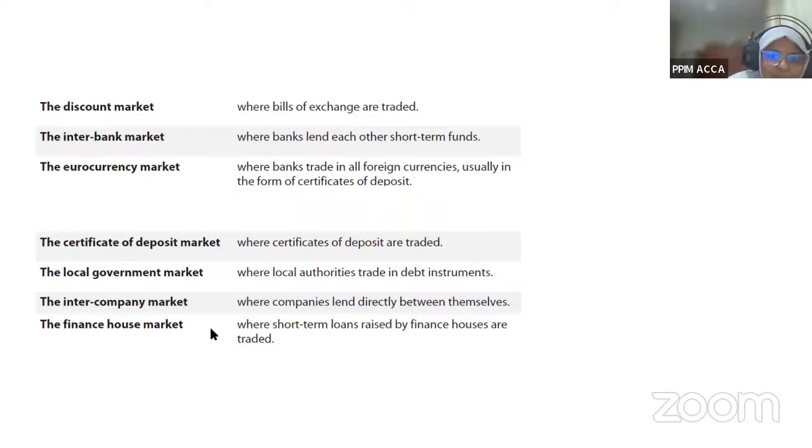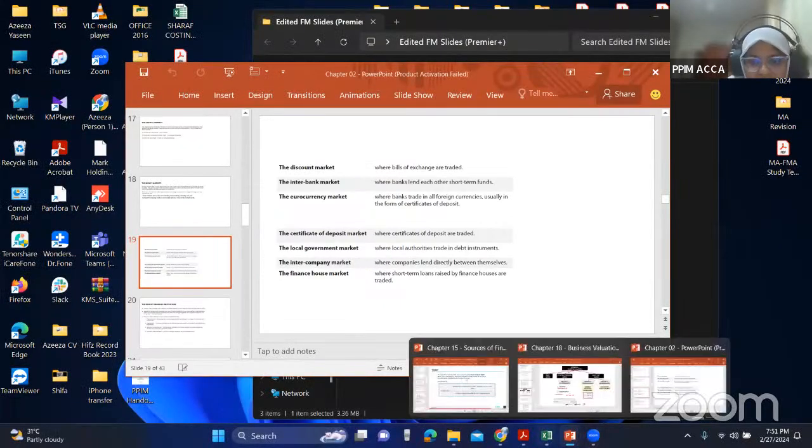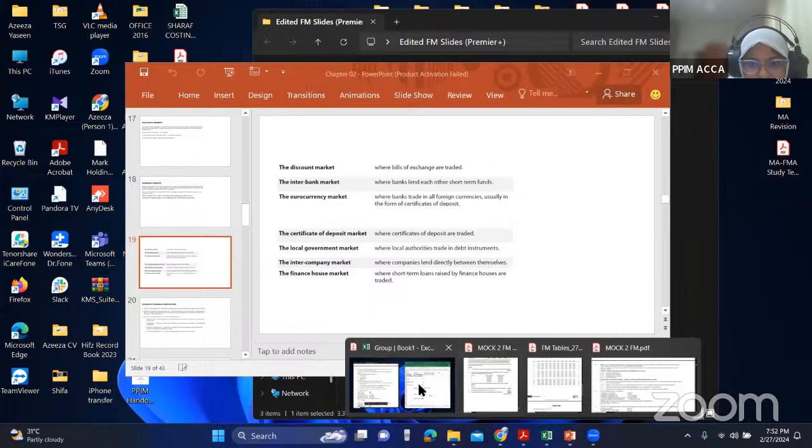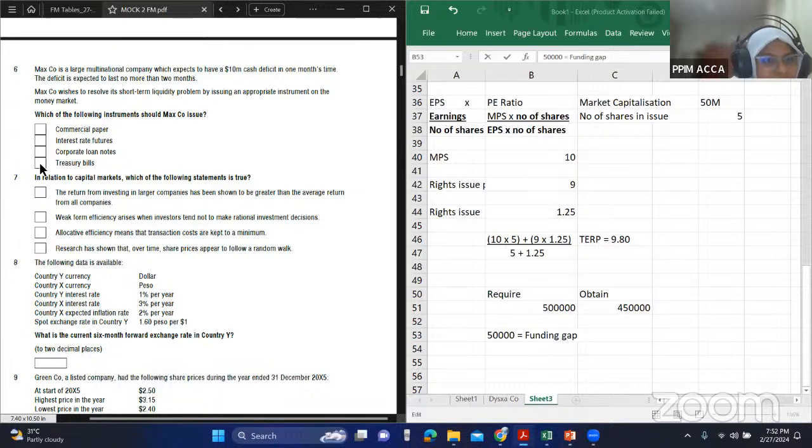So now looking at the question, we have to decide which one actually fits into our criteria. So let's go from down. Treasury bills. Treasury bills, what is that? It is basically the government, they issue something called a treasury bill. So if the government wants money, they issue treasury bills.